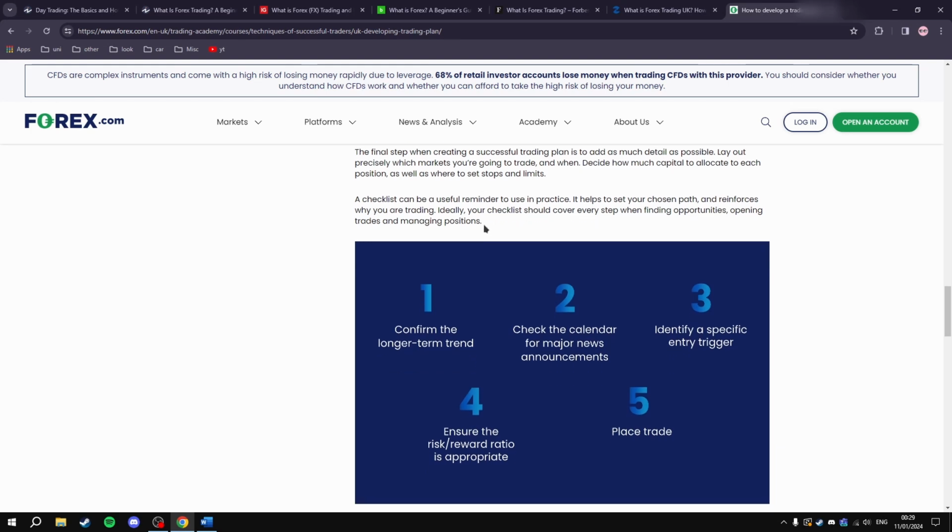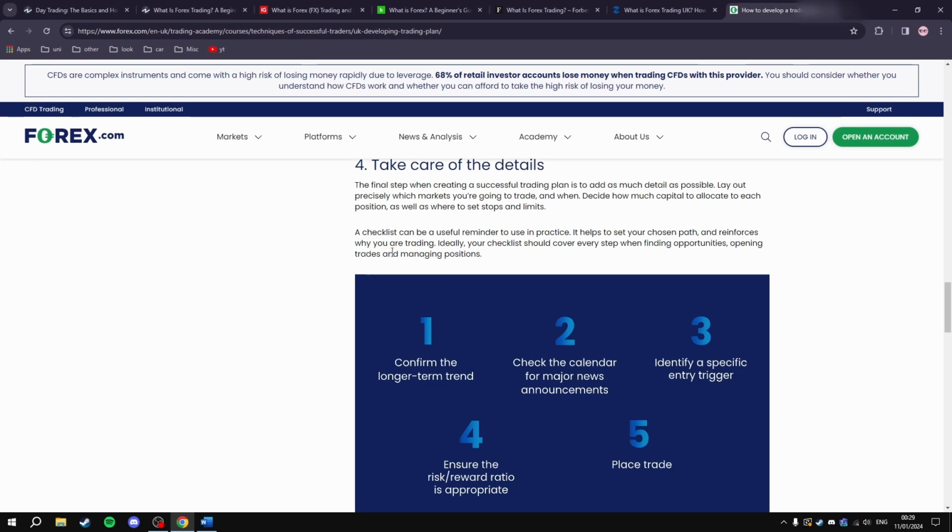A checklist can be used as a reminder to use in practice. It helps to set your chosen path and reinforces why you're trading.